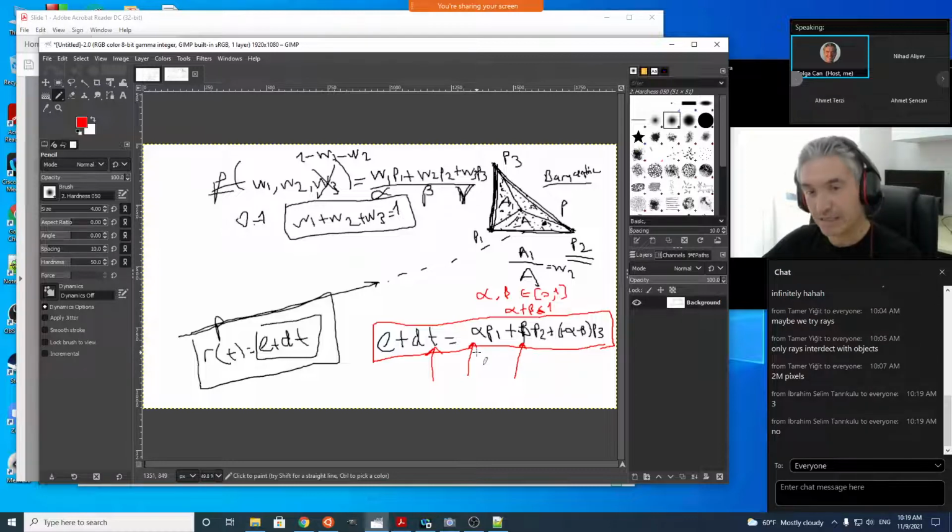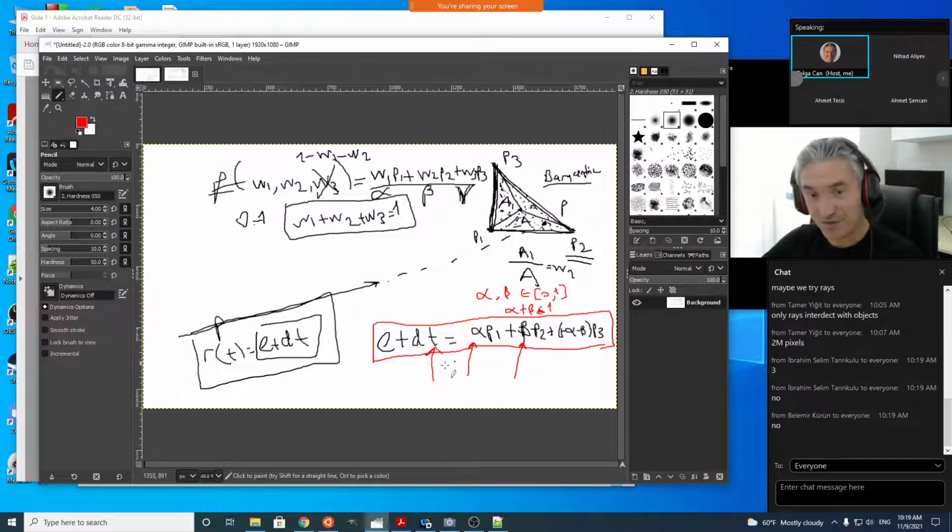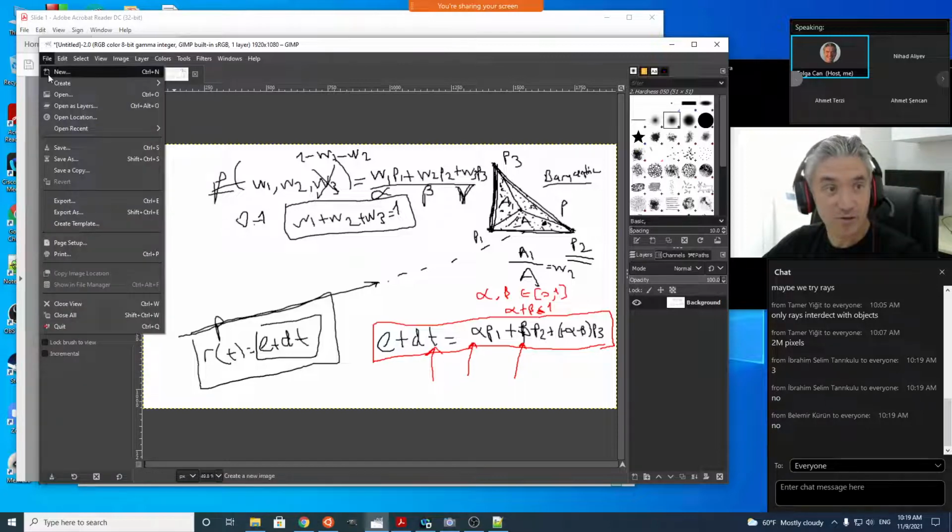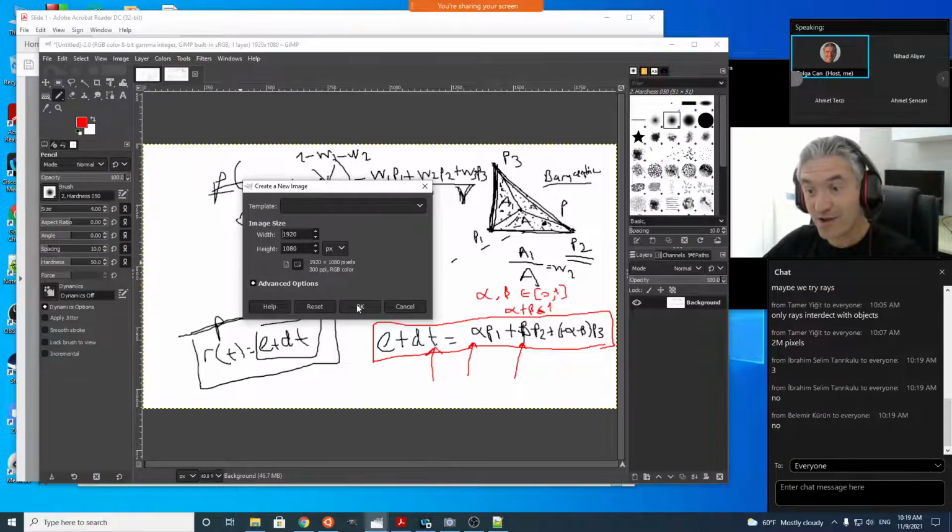Exactly, it's actually 3 equations, right? Because these are vectors, I can write 3 equations, for x, for example. E is a vector, D is a vector, P1, P2, P3 are vectors. I actually have 3 equations and 3 unknowns.